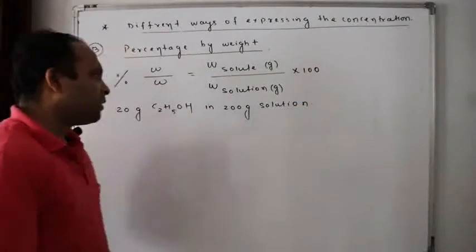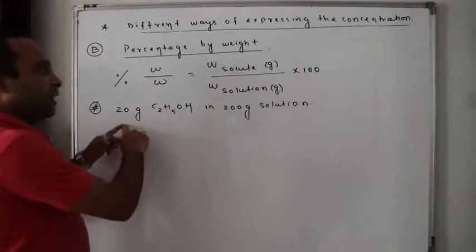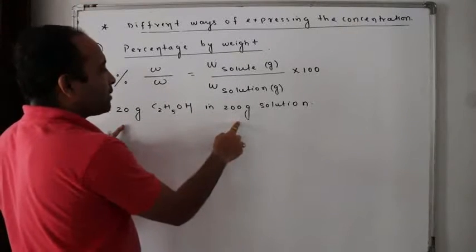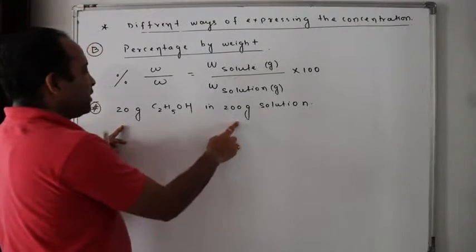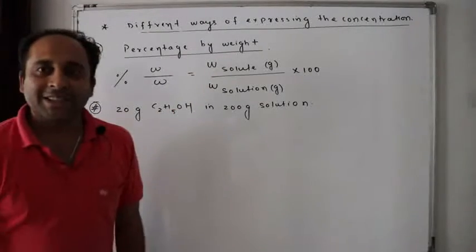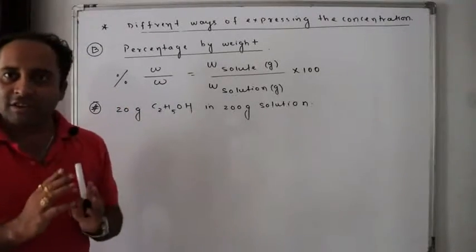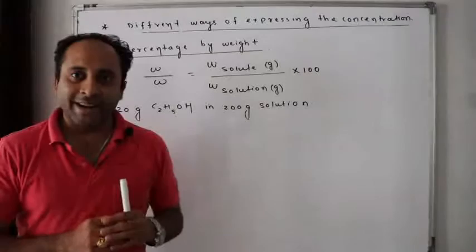But before solving this, use a simple brain for unitary method. 20 gram in 200 grams. Remember, that means 10 gram in 100 grams. So percentage is how much? 10%. Because remember, whenever we discuss about a percent, always try to analyze in terms of 100.